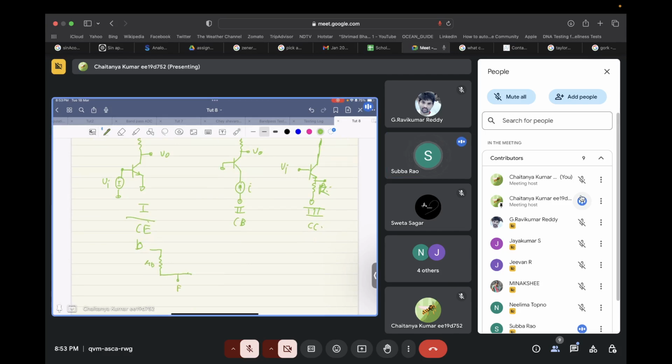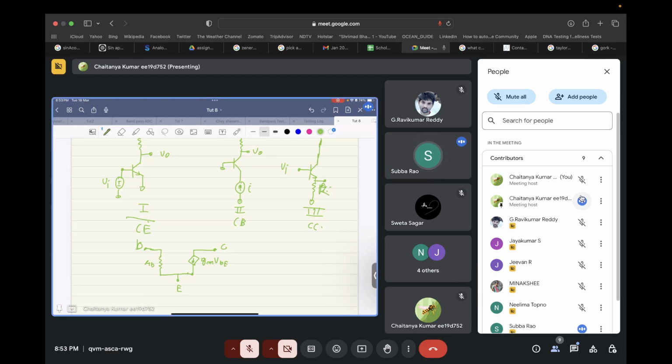This is my emitter. Then gm times VBE, and this is my collector. Okay, so this is how my model of the transistor looks.